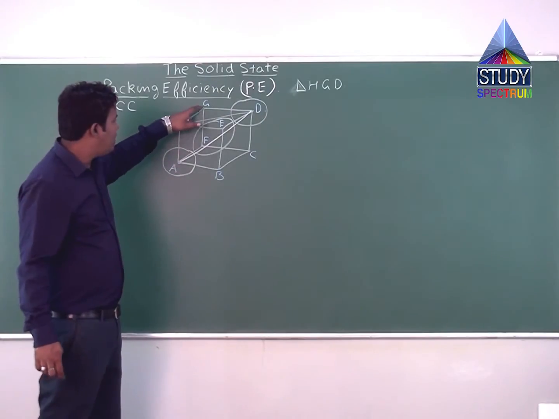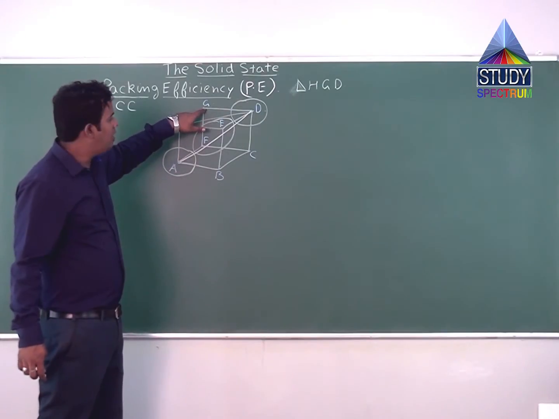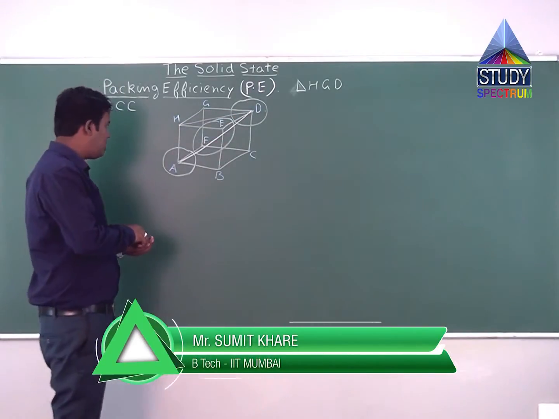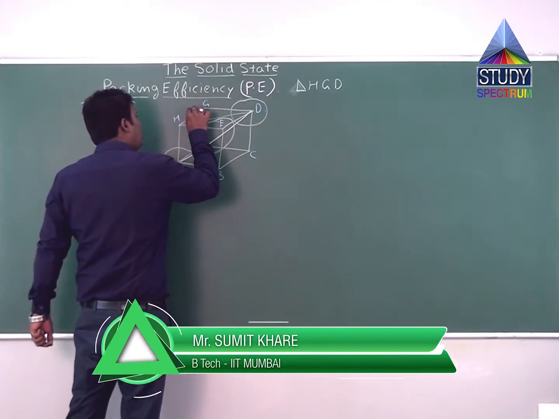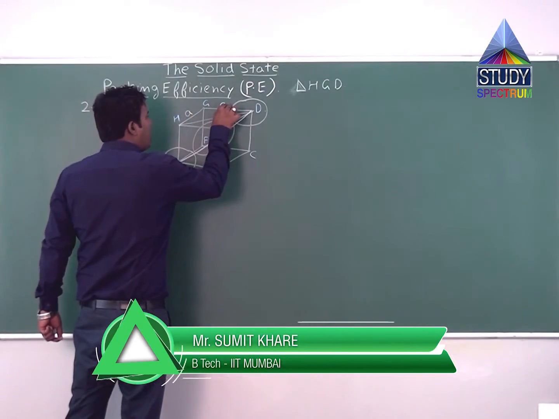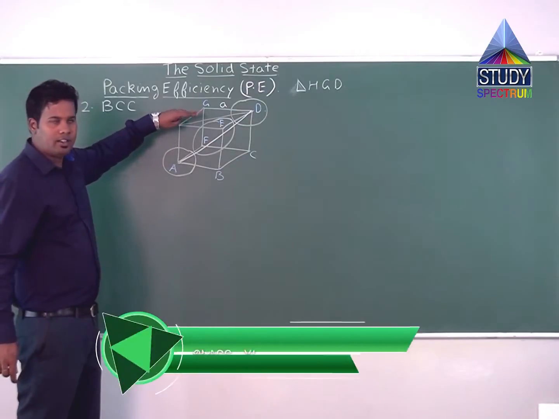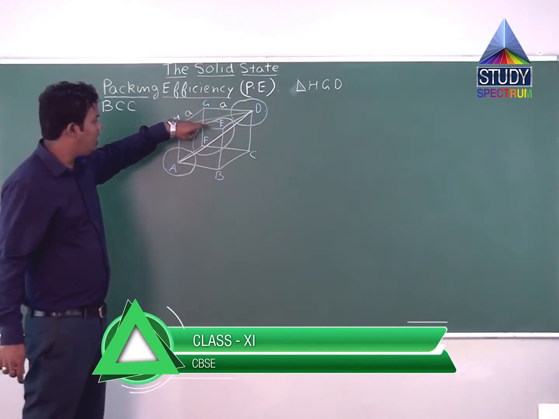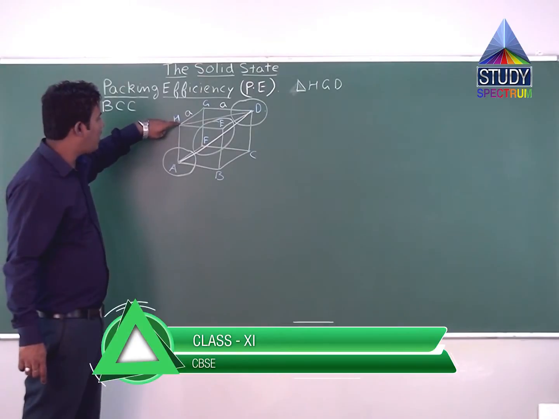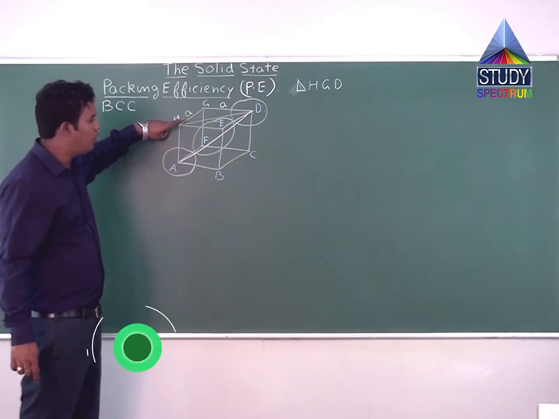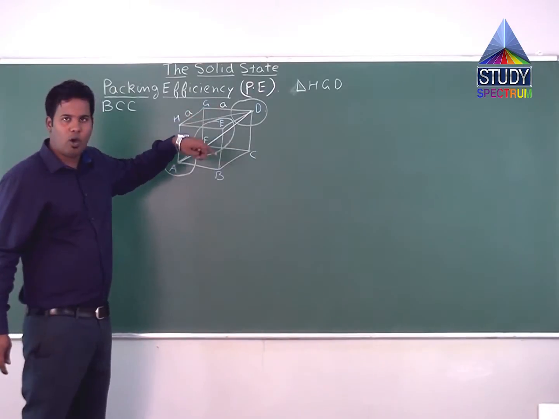Now HG is the edge length, GD is also the edge length of this cube, and let us assume that the edge length is represented by small a. Then on the top face HGDE, we have considered the right angle triangle HGD, where the two sides other than the hypotenuse are small a and small a.